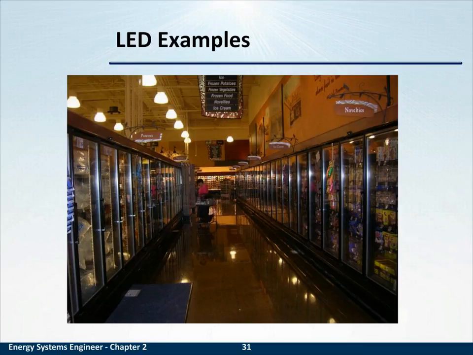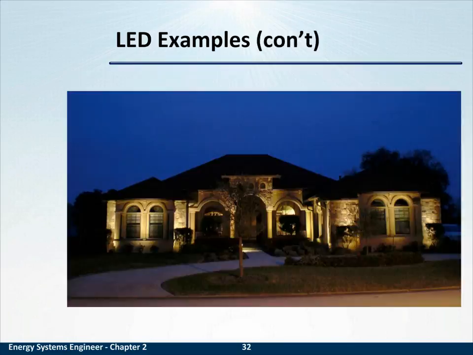And of course, one of the ways you can measure whether a technology is widely accepted is whether there is a rebate available to install it. And in California, there are several rebates available for people installing LED, particularly in refrigerated and in freezer cabinets.